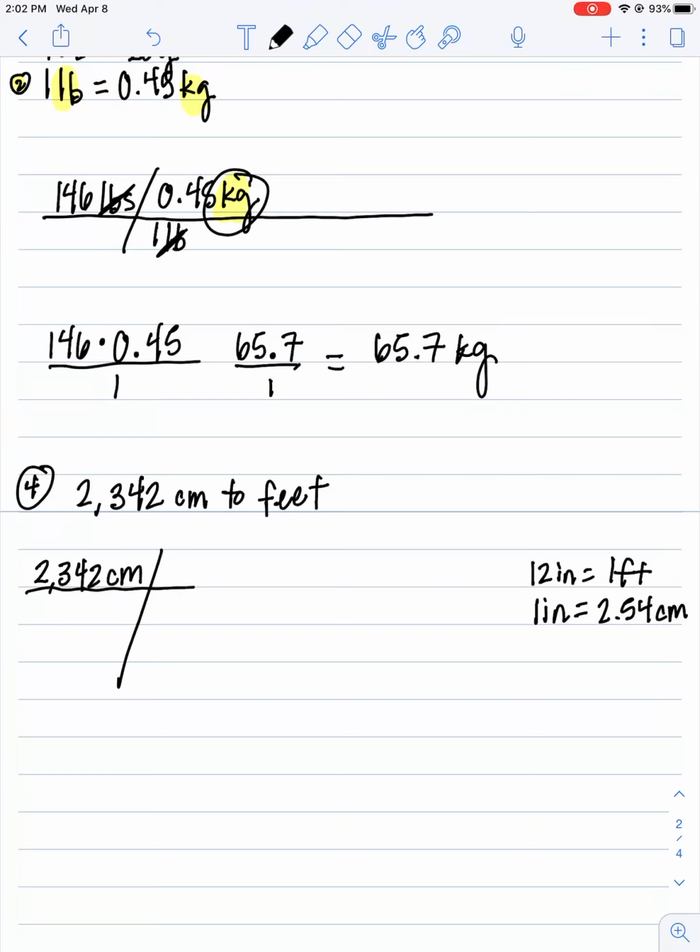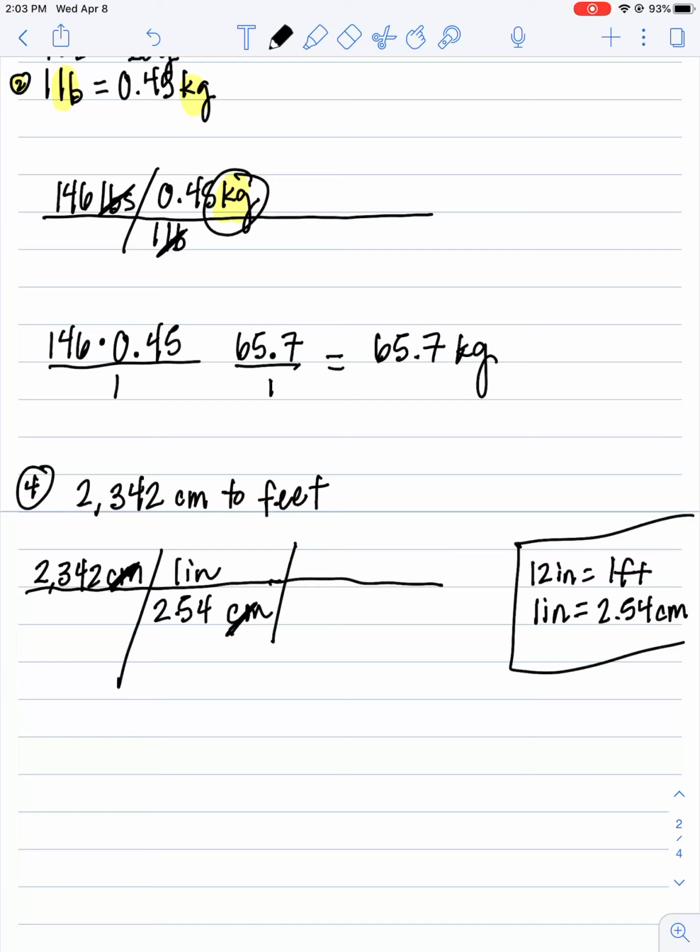So let's get started. Our given is 2,342 centimeters. Okay, and so what needs to go down here, guys? Well, obviously centimeter needs to go down here, because if there's a centimeter in the bottom and a centimeter in the top, it's going to cancel. And so if I look at my conversions, I know that 2.54 centimeters equals 1 inch.